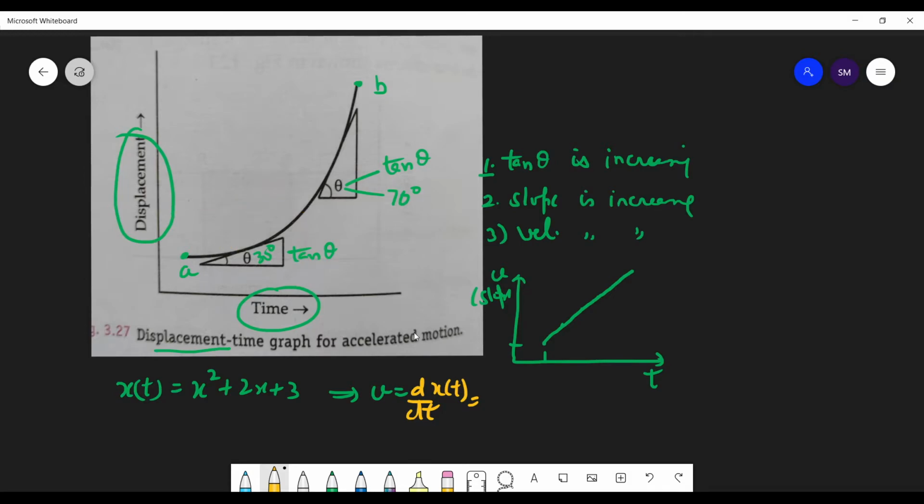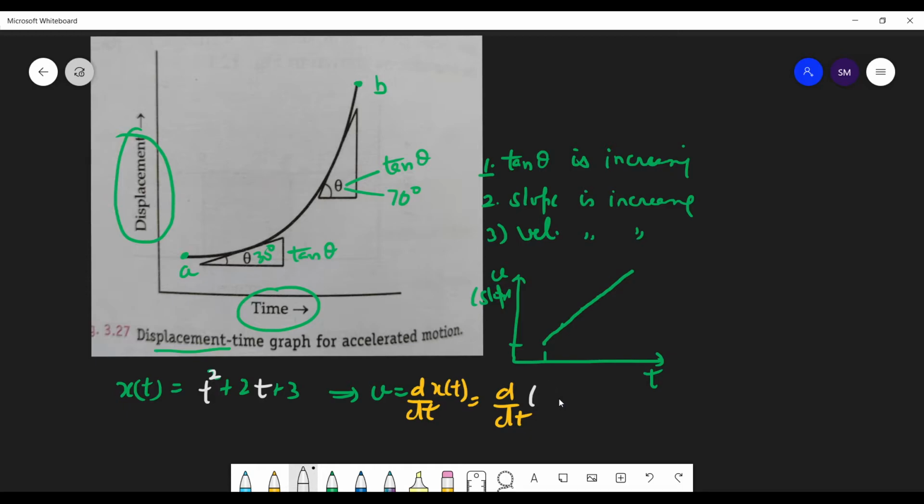So differentiate it, d by dt. Here I have t, not x; x is a function of t. So t square plus 2t plus 3.